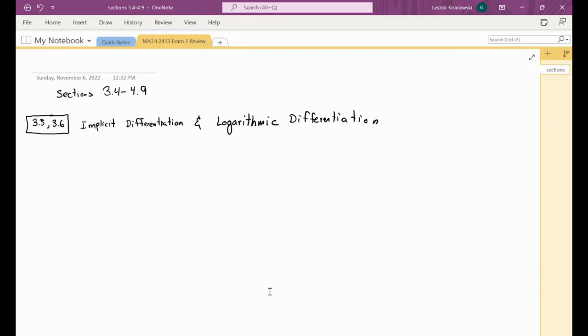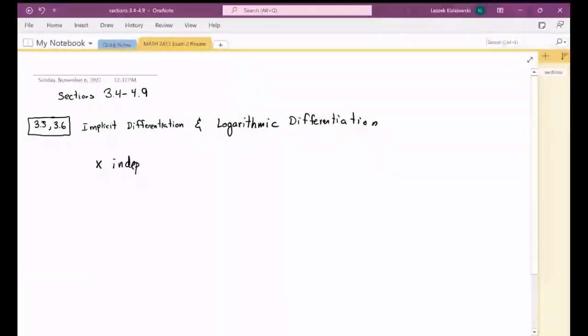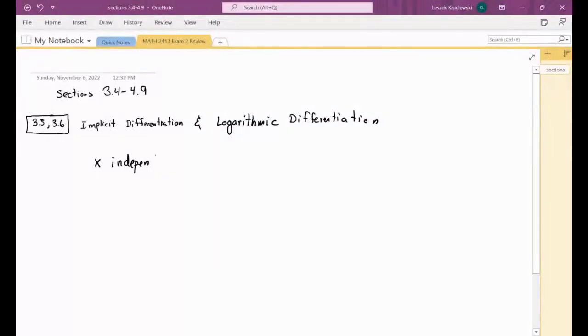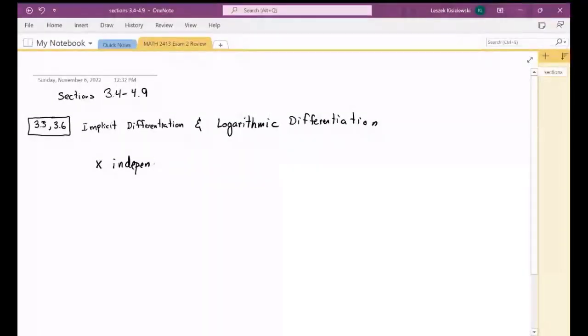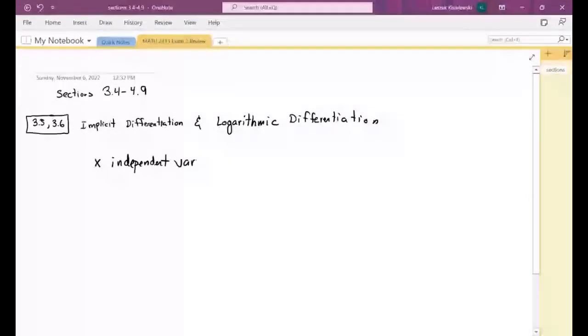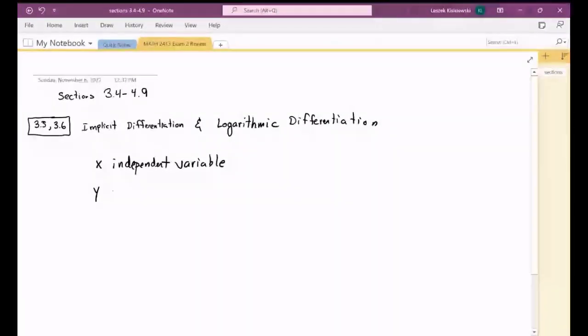differentiation. And remember that's where x is considered the independent variable. So we're going to be differentiating with respect to x. And y is implicitly a function of x. Right?